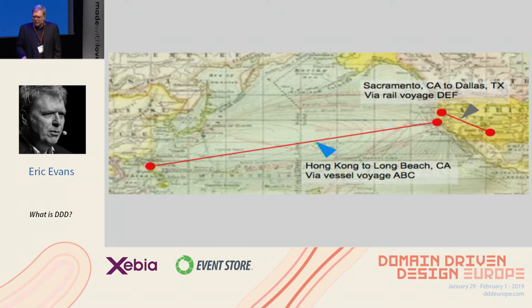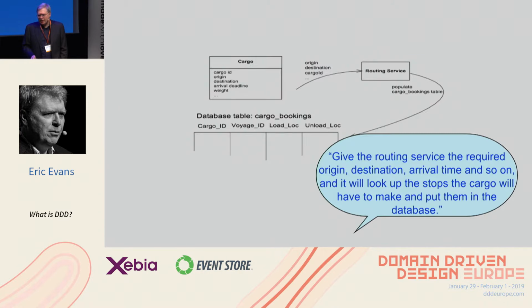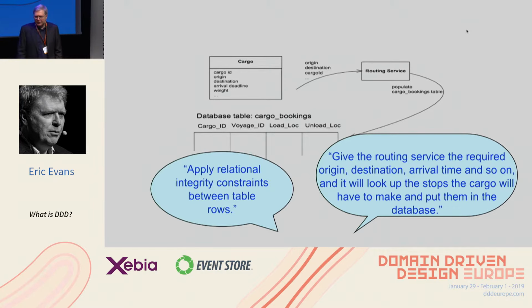And people talk about this, and they talk about these kind of disconnected itineraries. But how is it reflected in the software as it exists? Well, it is there. We have some relational integrity constraints in the database table. But when I start talking about this and this solution, I find that I lose my connection with the domain expert.